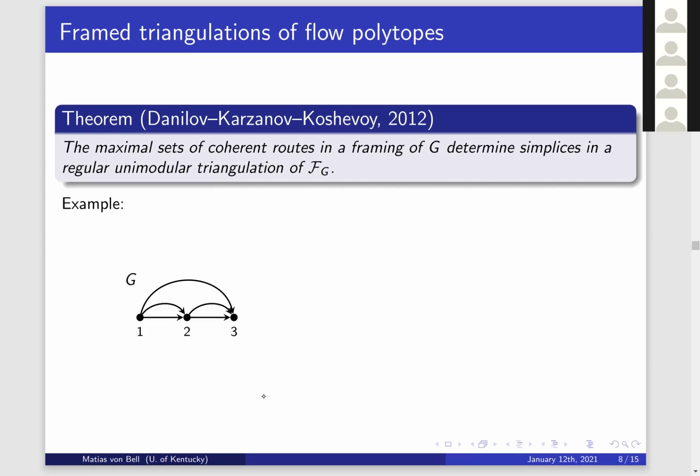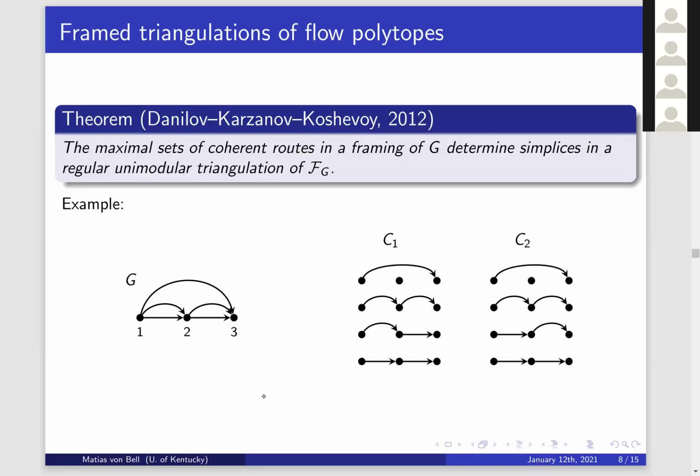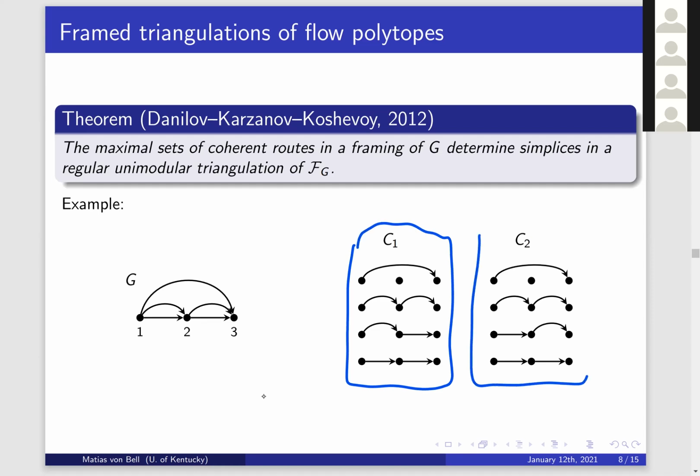And so a quick, nice little example here. If this is my graph G with 5 routes, then I collect the maximal collections of coherent routes. In this case, there are 2 such collections. They only differ by this route and this route, and I'm assuming here that the framing is this framing where we draw the order of the incoming and outgoing edges from top to bottom.